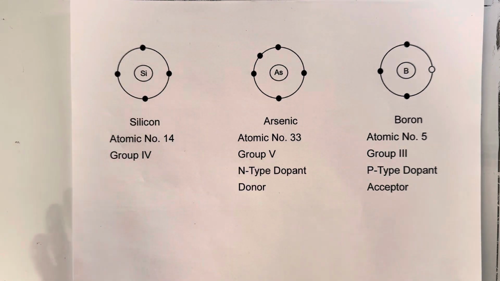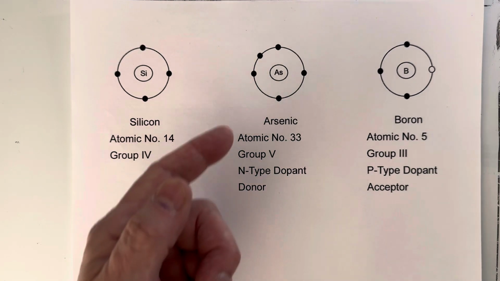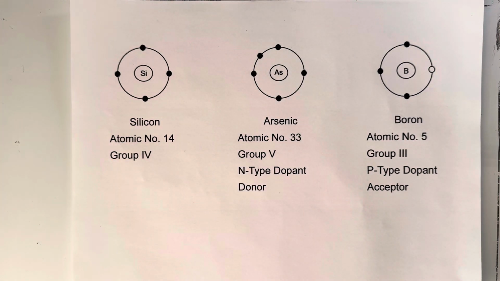Now, a couple of other atoms or elements that we're going to be dealing with are arsenic, which is atomic number 33. And again, all of its inner shells and nucleus are condensed into that center As circle. And it's got 5 valence electrons. So this is called a pentavalent atom.